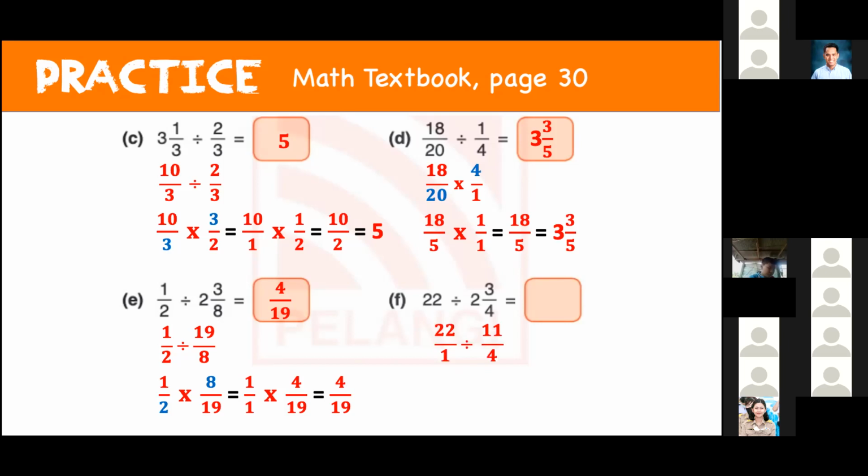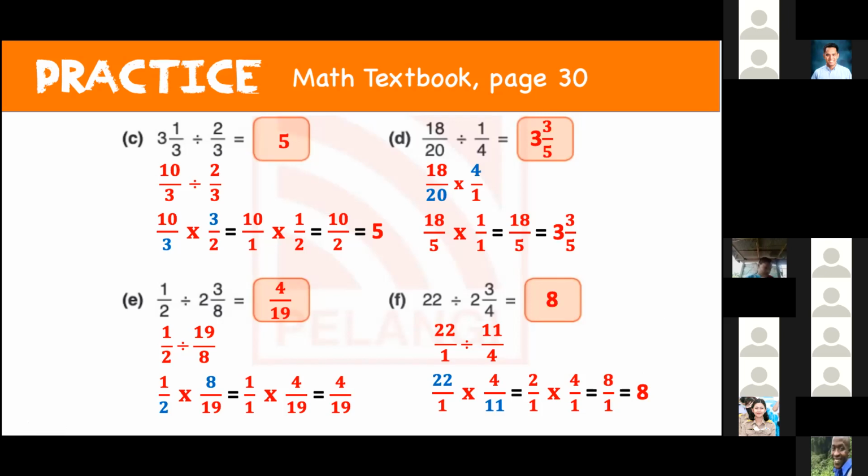Reciprocal of 11/4 is 4/11. And then you will have 22 and 11. We can divide by 11. So 22 becomes 2. 11 becomes 1. It's now 2 times 4 and 1 times 1. 8 over 1 equals 8, or the answer is 8.